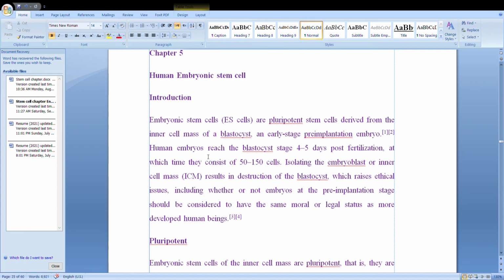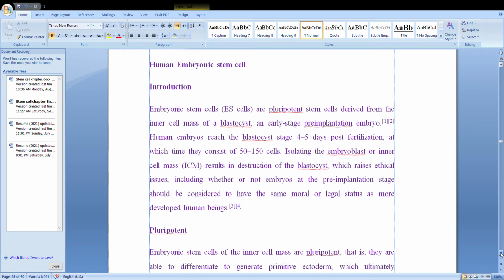Embryonic stem cells are pluripotent stem cells derived from the inner cell mass of a blastocyst, an early-stage pre-implantation embryo. This is from using the embryo.